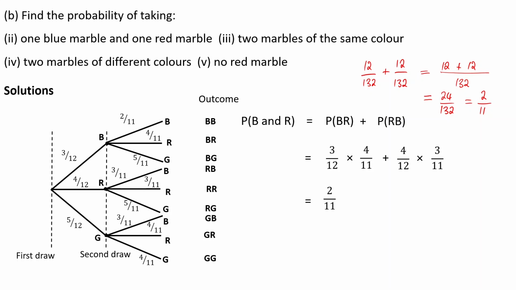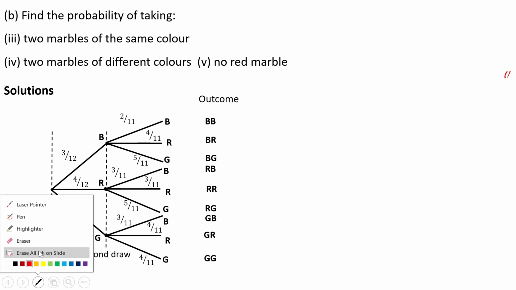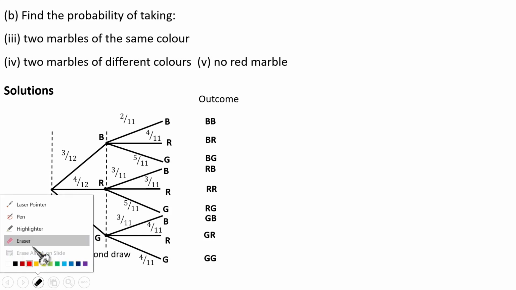Then if we move to the second one here, which is 3, it says we find the probability of taking two members of the same color. So to answer this one, you must understand that the members of the same color in question here are actually these ones here. Let me just get my cursor here.